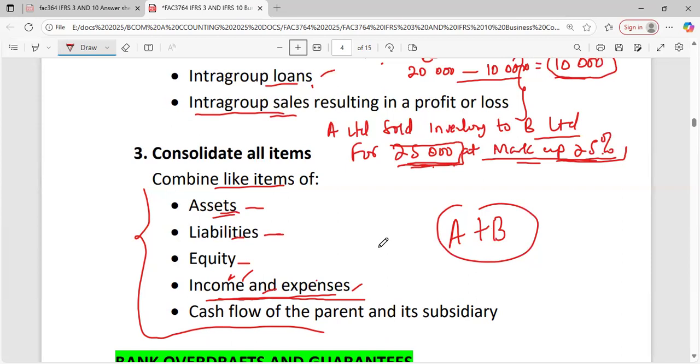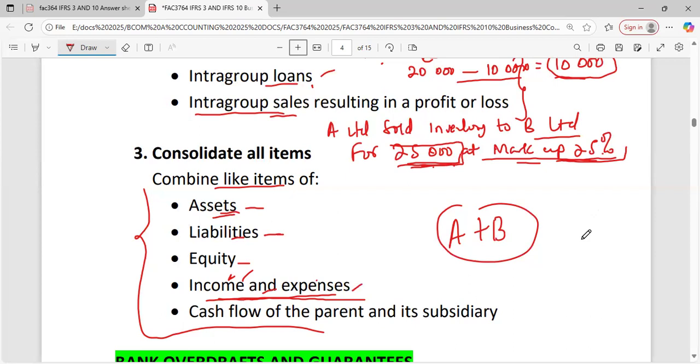So which means the foremost important thing is for you to understand how to journalize these before you do your consolidation. I think if you understand the journal entries first, then you will see that you are now only going to apply those journals into your consolidation.